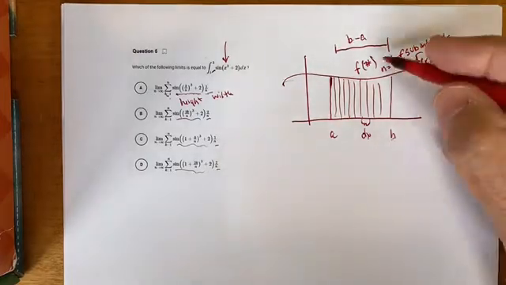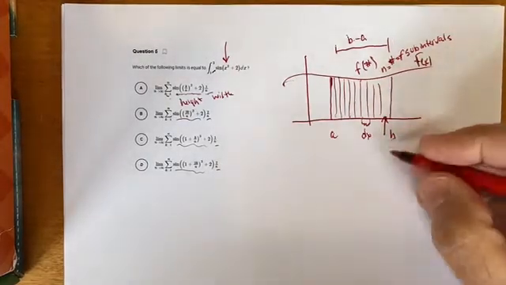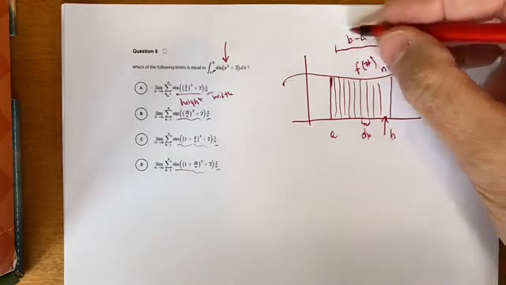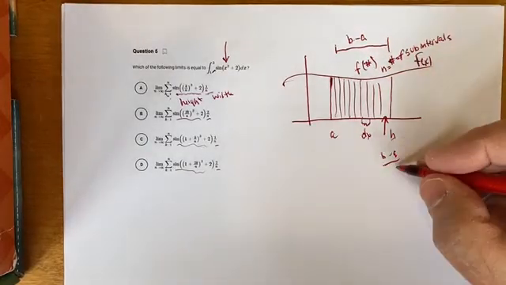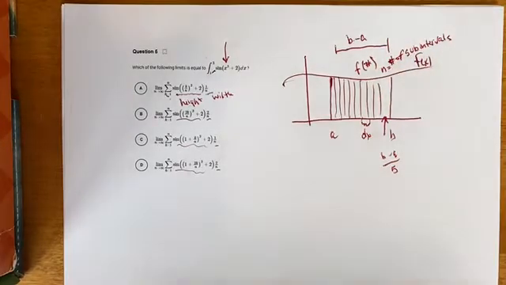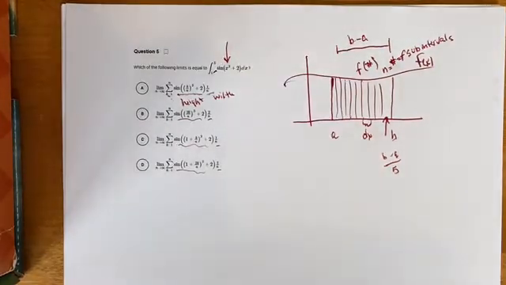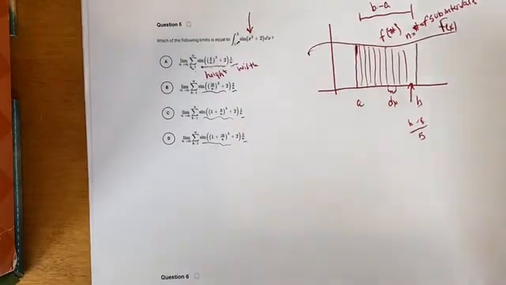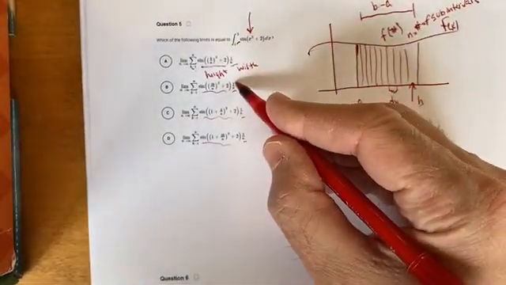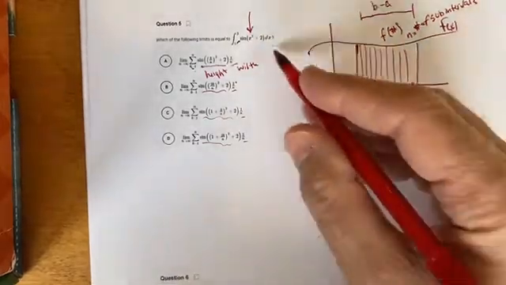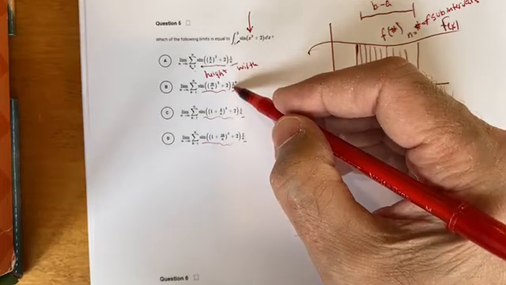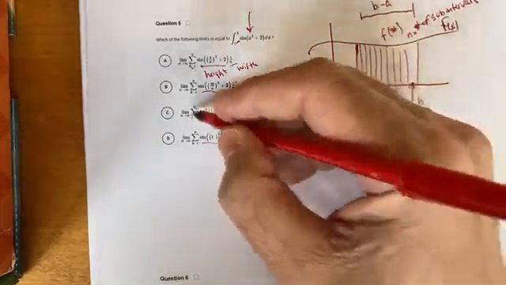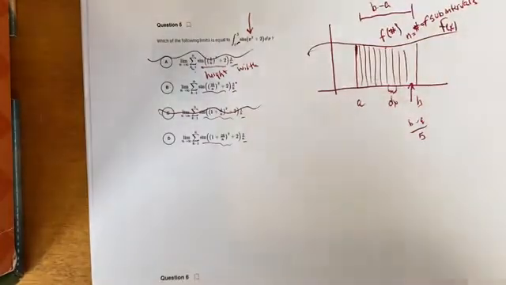The width of each one of these rectangles is the length of the whole interval, b minus a, divided by 5. So the top number here for the width has to be the length of the interval. Since the interval goes from 1 to 3, we need 2 divided by the number of subintervals. So it cannot be C and it cannot be A, since that number up there has to be 2.